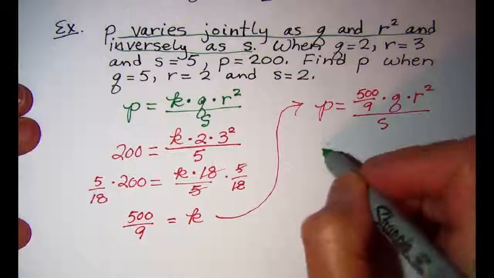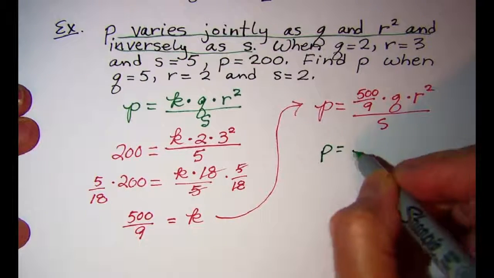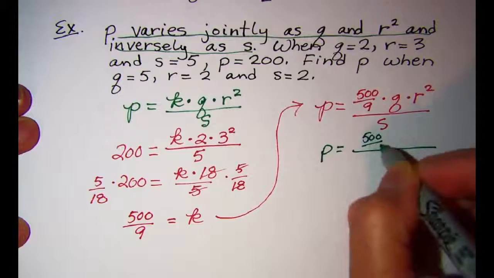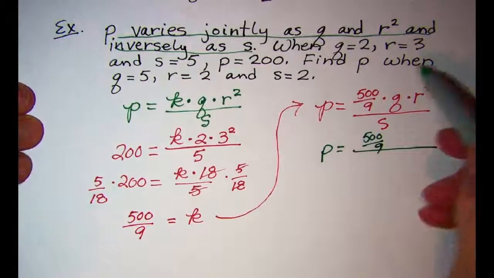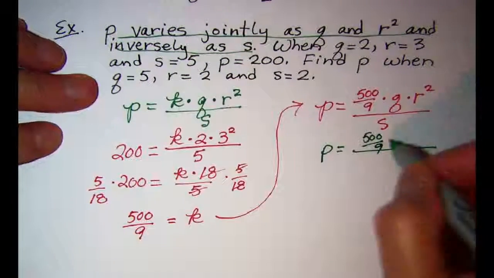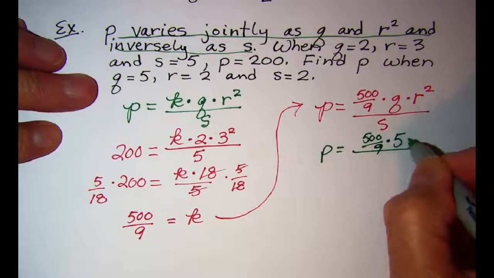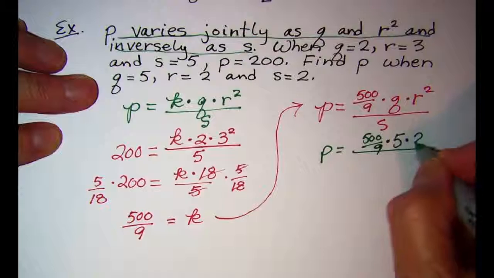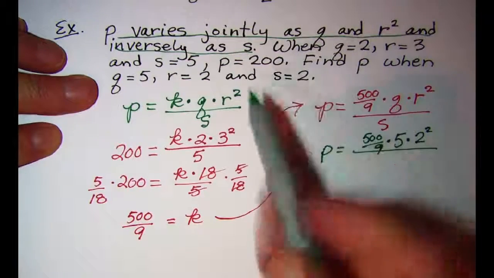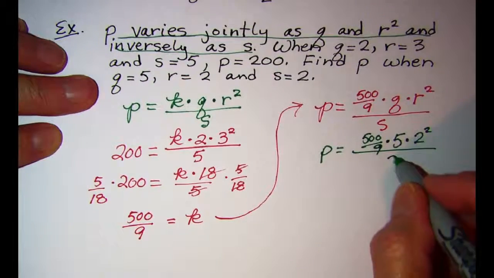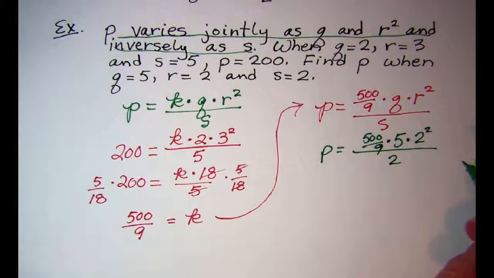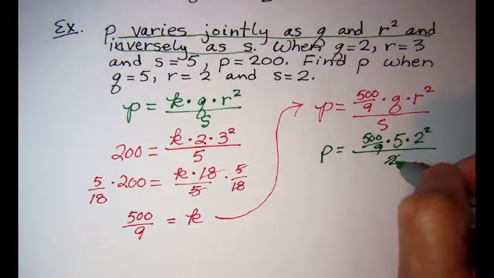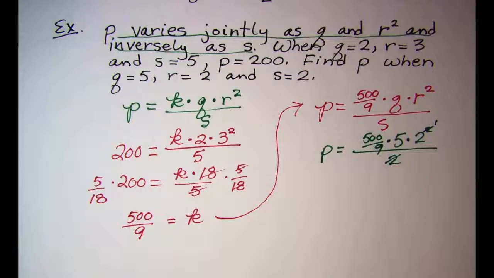Find P when Q is 5, R is 2, and S is 2. So I'm going to cancel one of these 2's with one of these.